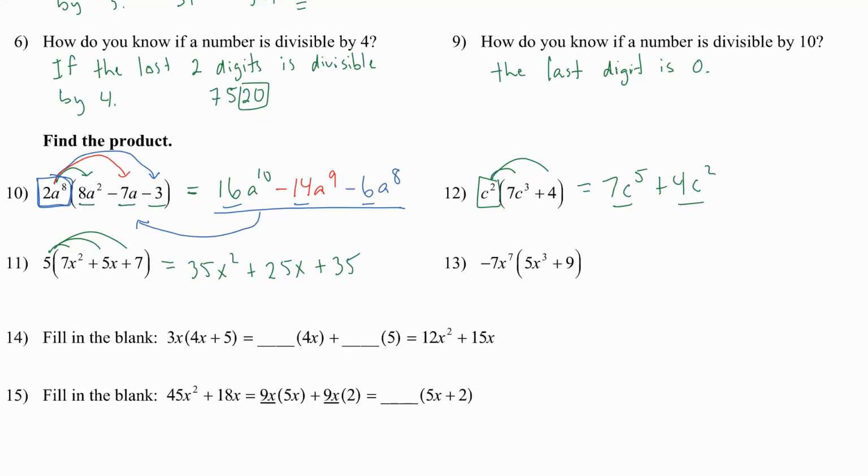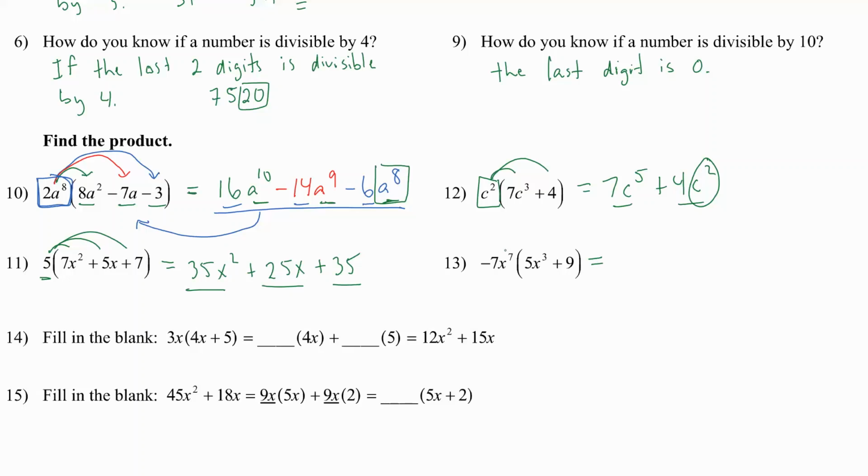On this one, that's part of it, because there's a c squared in both of those. On number 11, there's not a variable in each of these terms, so there won't be a variable on the outside. And then number 10, there is a variable on each of them. So we take the smallest variable exponent for the variable, so that's a to the 8th.